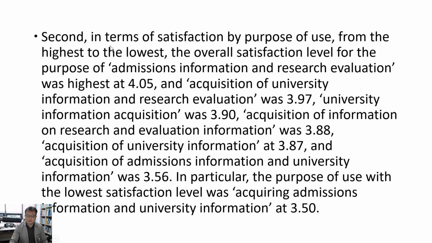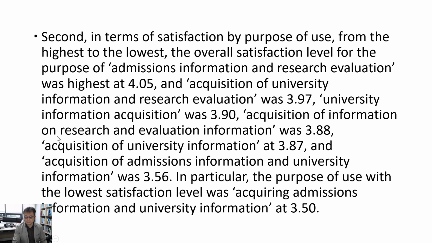Second, in terms of satisfaction by purpose of use from the highest to the lowest, the overall satisfaction level for the purpose of admission information and research information was highest at 4.05, and acquisition of university information research evaluation was 3.97. University information acquisition was 3.9.